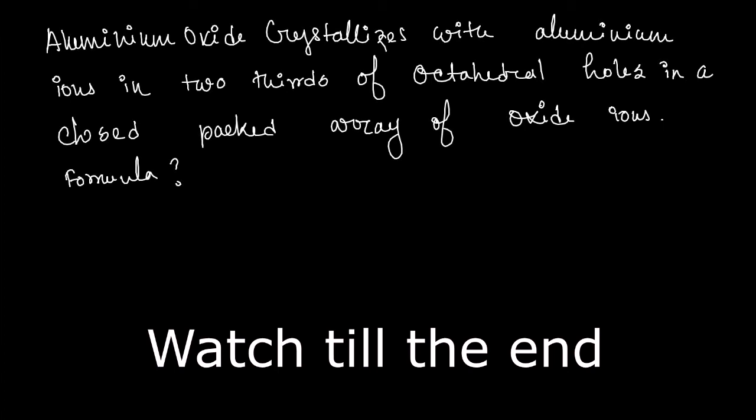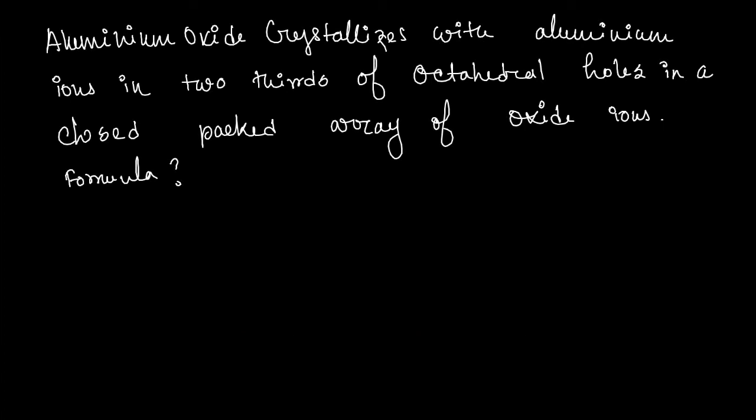This is another type of question. Here it is asked, aluminium oxide crystallizes with aluminium ions in 2/3 of octahedral holes in a close packed array of oxide ions. For this, we have to know what that close packed array is. It means CCP, cubic close packing, where oxide ions are present.